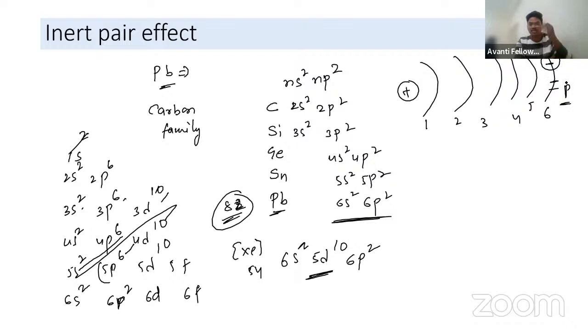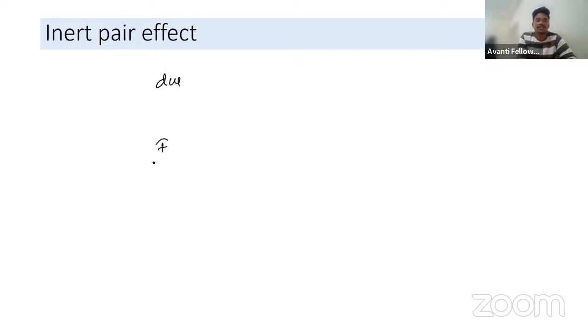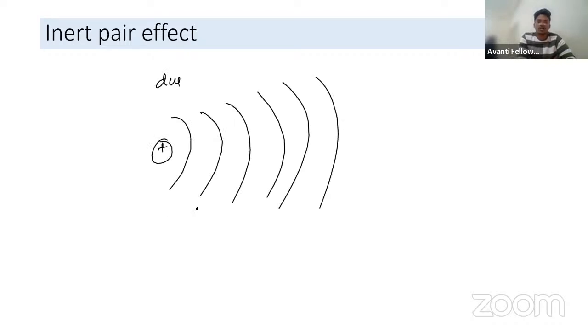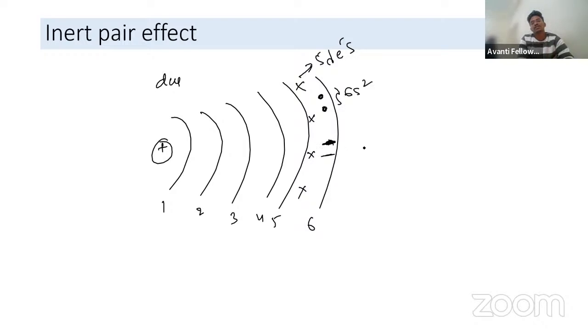These all are 5d electrons, this is 6s2, and these are 6p2 electrons.